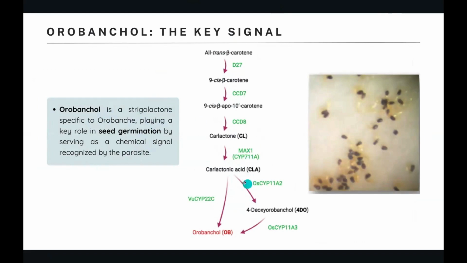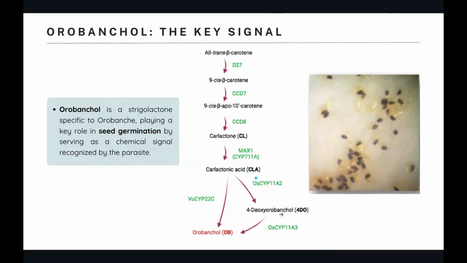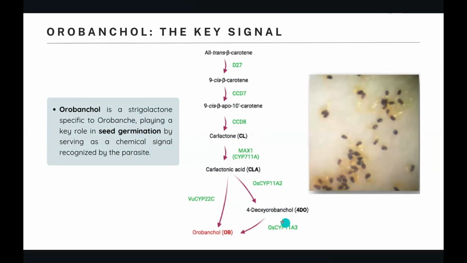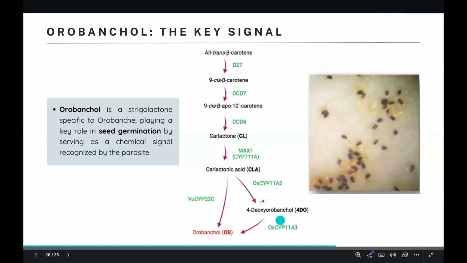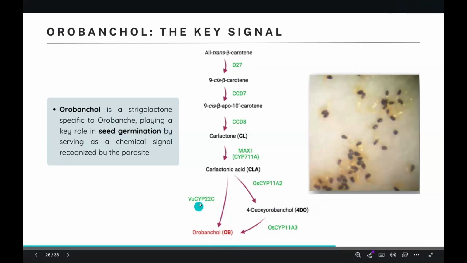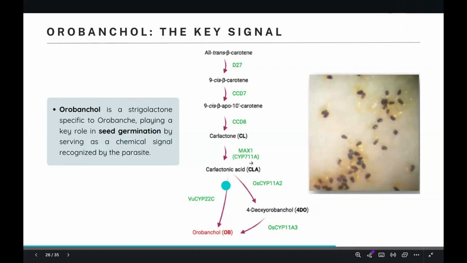The first one is indirect, observed in rice, by converting the CLA to 4DO via CYP711A2, and then converting the 4DO to orobanchol by CYP711A3. The direct pathway consists of converting the CLA to orobanchol via CYP722C, and this pathway was identified in cowpea and tomato.